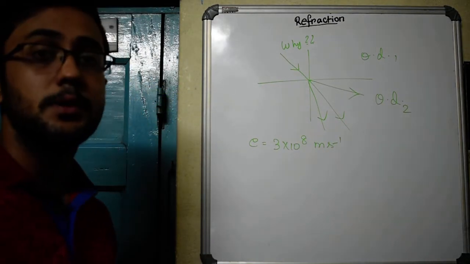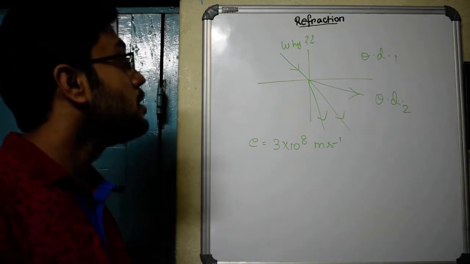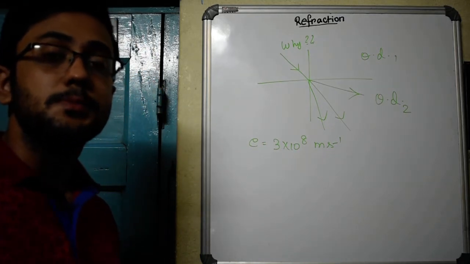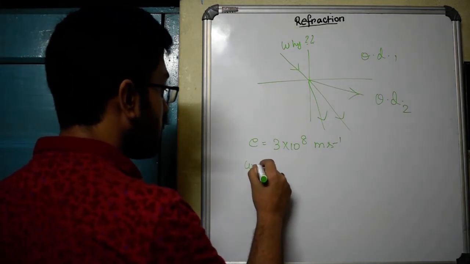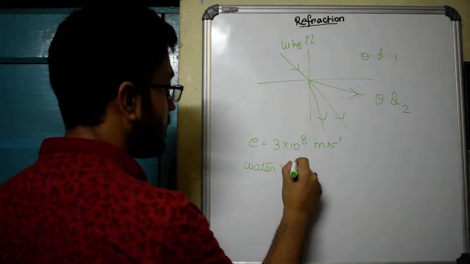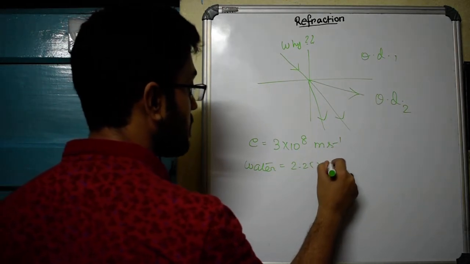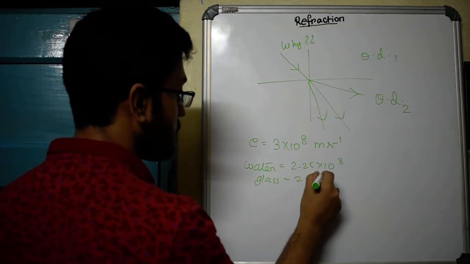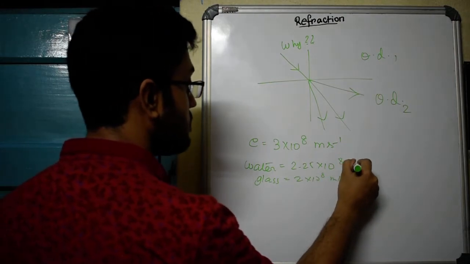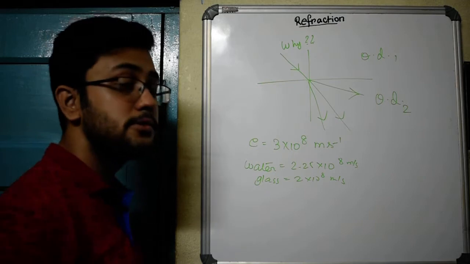But that is just the speed of light in vacuum. For different media, the speed of light is different. In water, the speed of light is something like 2.25 into 10 to the power 8. In glass it is something like 2 into 10 to the power 8, and so on. So you see, as the media change, the values also change.